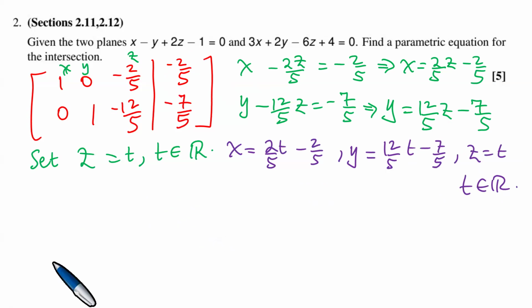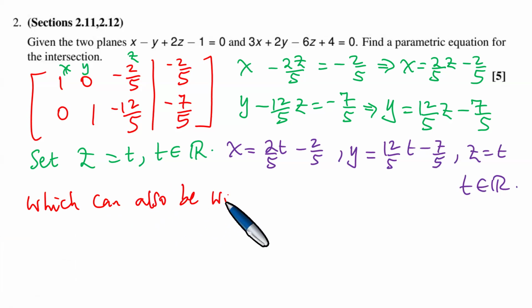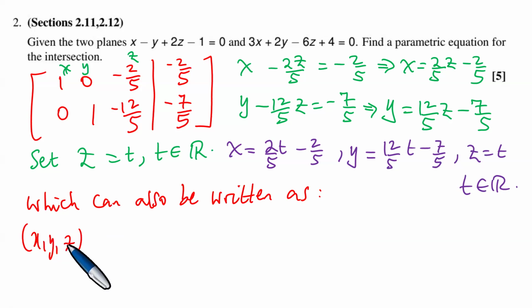We conclude this one in red, which can also be written in another presentation as x, y, z equal to the following.